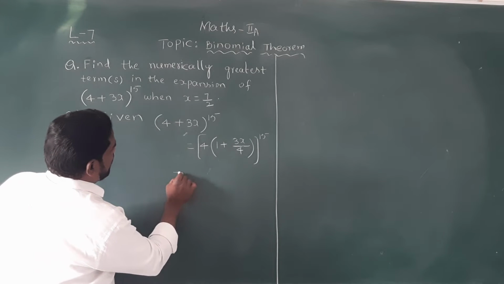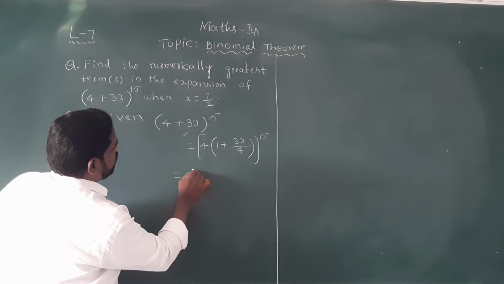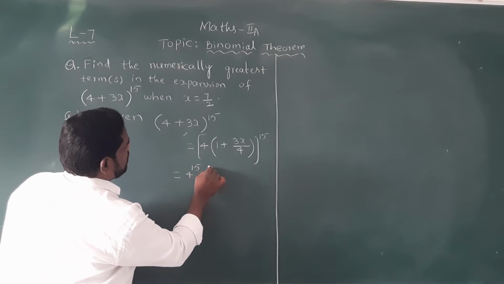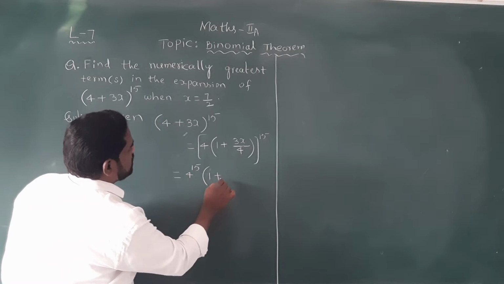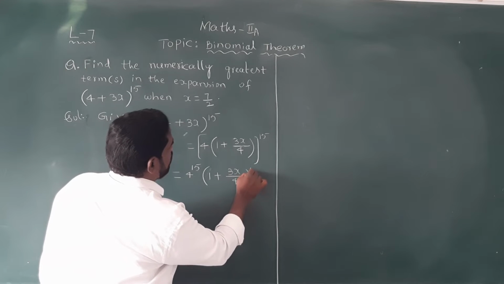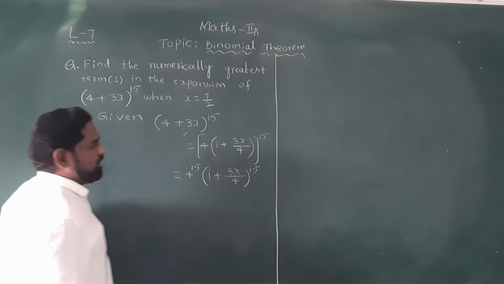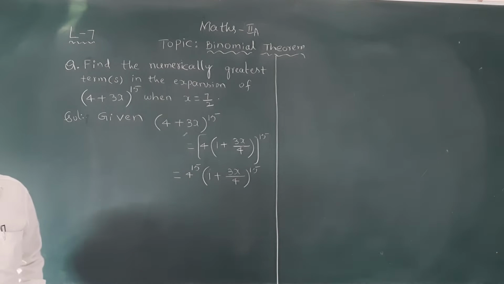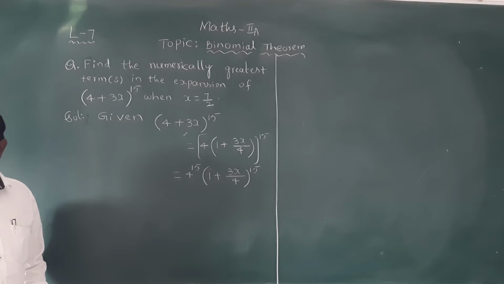This can be written as 4 power 15 into (1 + 3x by 4) whole power 15. Understand? Take it like this.